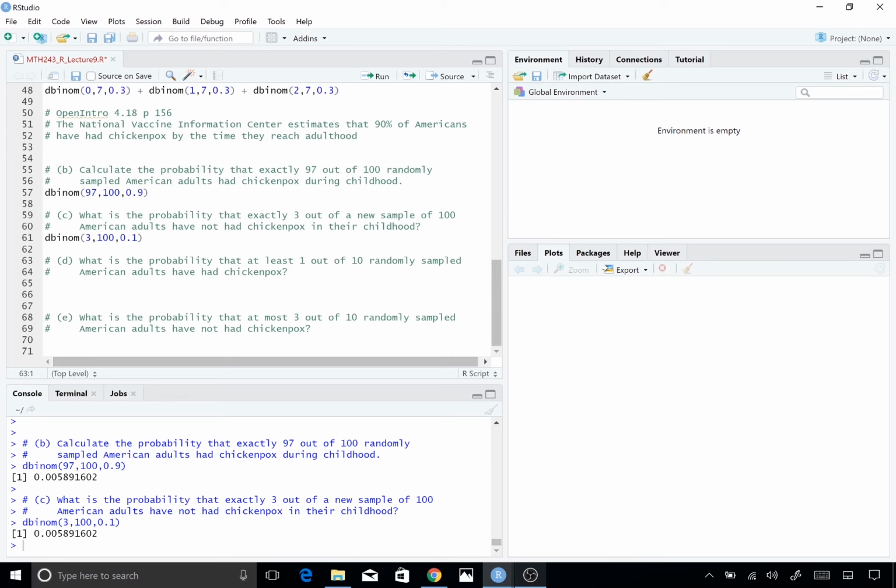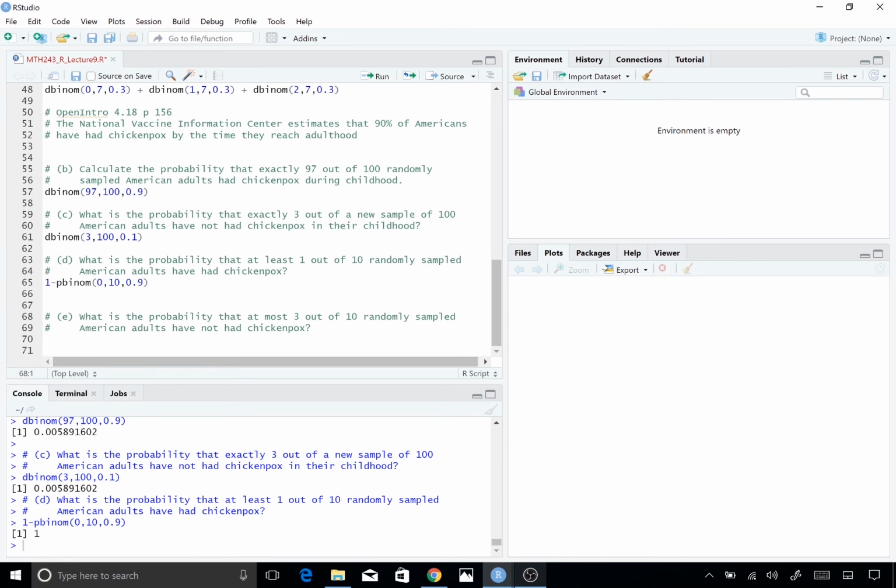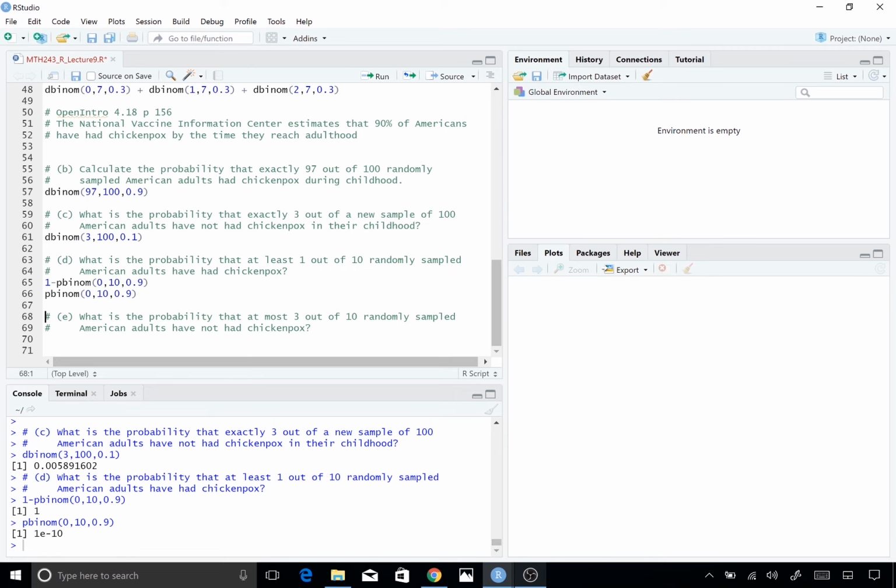The answer will be 1 minus pbinom(0, 10, 0.9). And pbinom at 0 and dbinom at 0 are the same thing, but in general, you're going to want to use pbinom for at least questions. Run this and I get 1. That means pbinom(0) must have been pretty small, about 10 to the negative 10th. So if you sample 10 people, the probability that at least one of them has had chickenpox is nearly 100%.